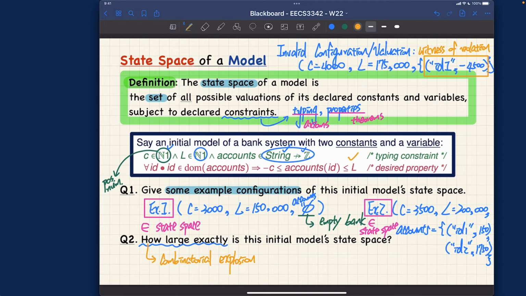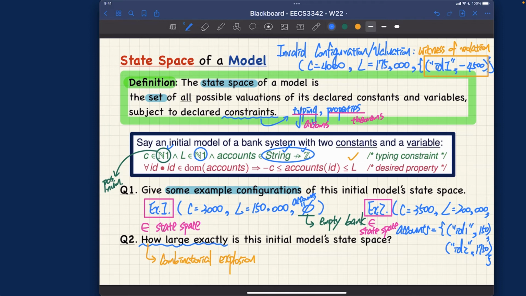All right, so not every configuration you can come up with is necessarily a valid one. You want to make sure not only that it satisfies the typing constraint over here, but also the desired property. But leave that aside. How large roughly should it be? Since I talk about this, the fact that we call it a combinatorial explosion means you have to multiply the cardinality of the domain, the size of each variable type or constant type.